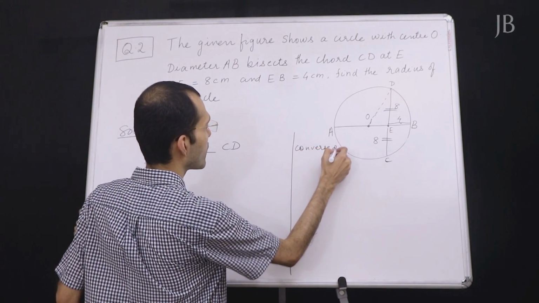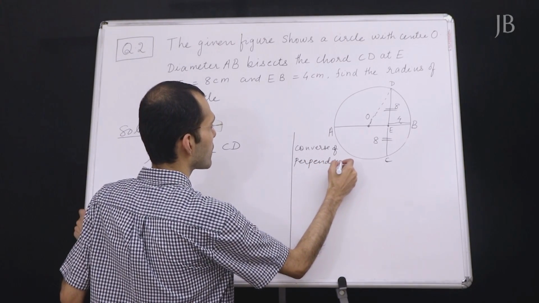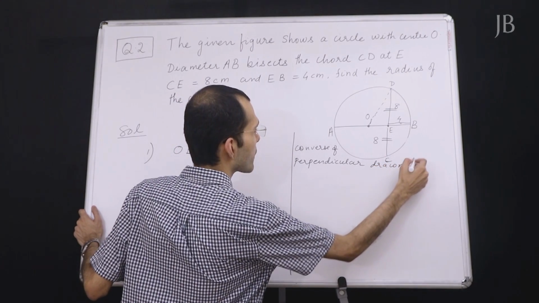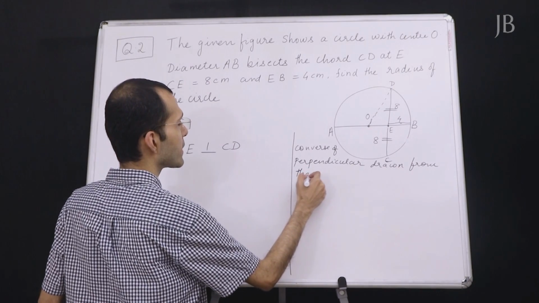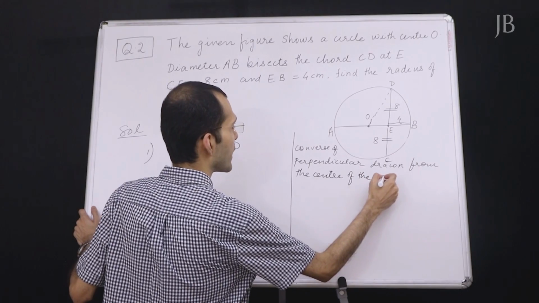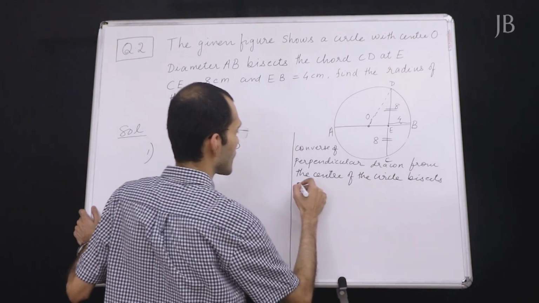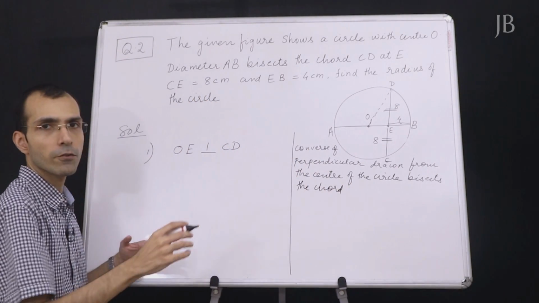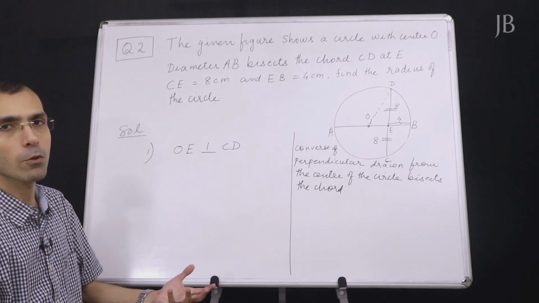Converse of perpendicular drawn from the center of the circle bisects the chord. See, first time when you are doing this topic, you can very much keep the concepts open in front of you. So you will be able to correlate better and things will go easy.